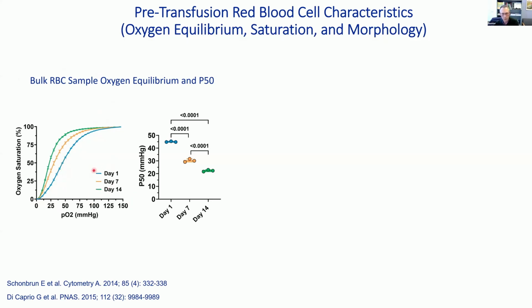But as storage goes on to day 7, day 14, this starts to left shift as you decrease 2,3-DPG, to some extent ATP, and the overall P50, the overall oxygen saturation decreases. So this is a bulk measurement of red cells.